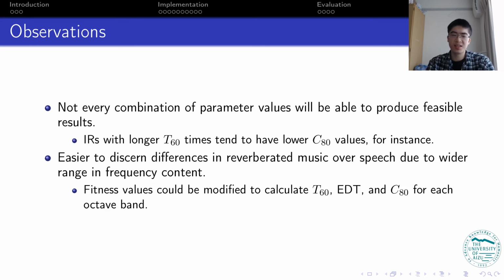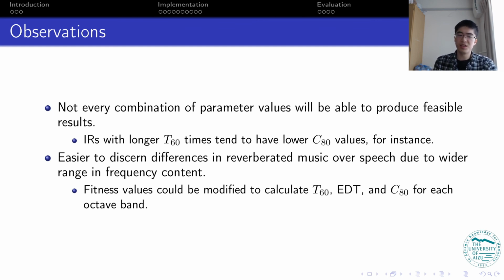Also, this makes sense given that the phase ratio parameter only takes into account frequencies in the 125 to 2000 hertz range. So we have no way to control the frequency content outside of this range either.